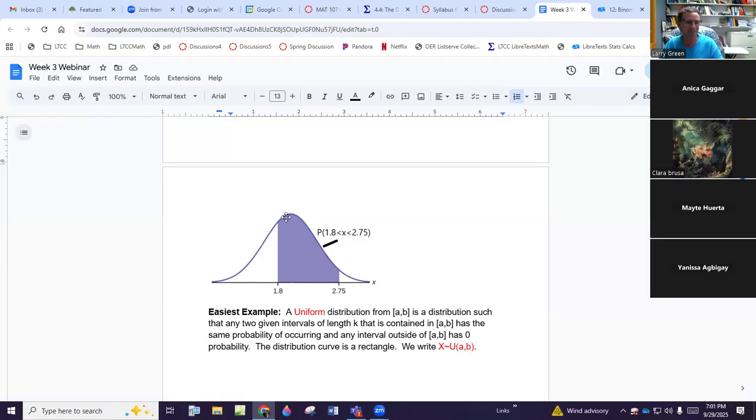It would be really hard to do by hand, so we're not going to do this one by hand. We're going to do a different example, and that is the uniform distribution. The uniform distribution from A to B, those are two numbers, is a distribution such that any two given intervals of length k contained in A to B have the same probability of occurring as any other interval.